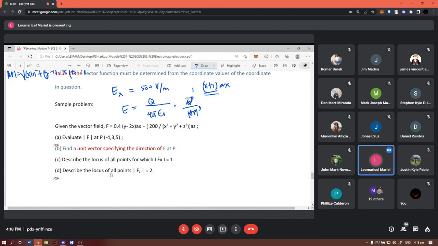Kaso, yung vector mo is along x-axis lang.